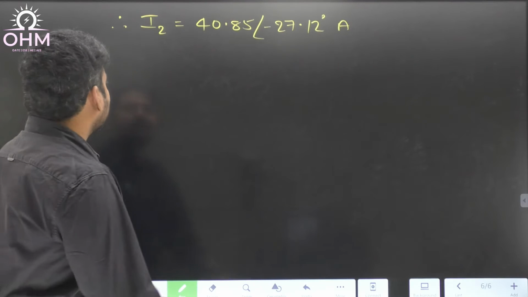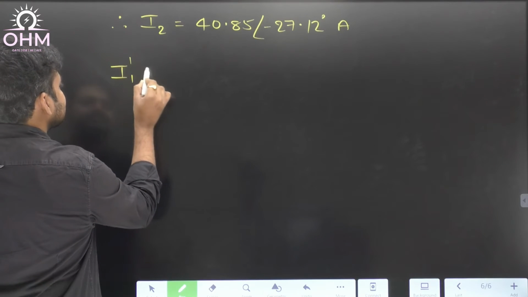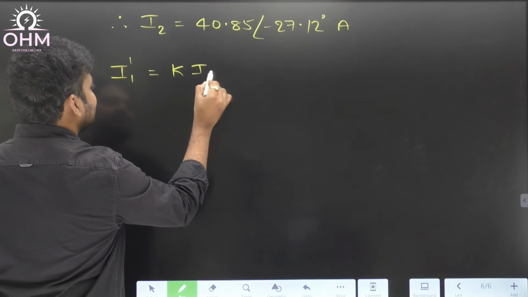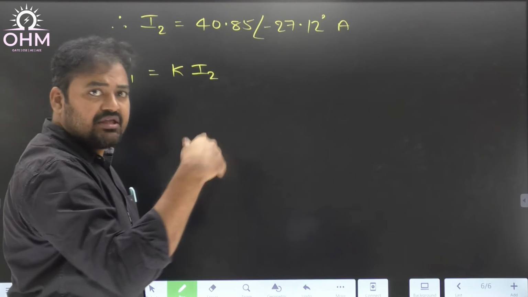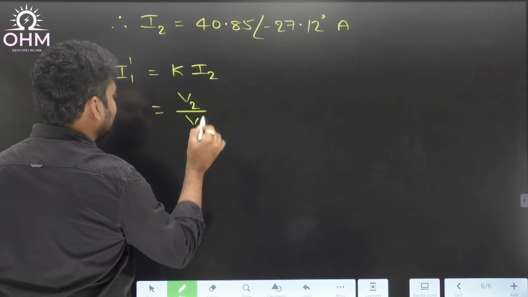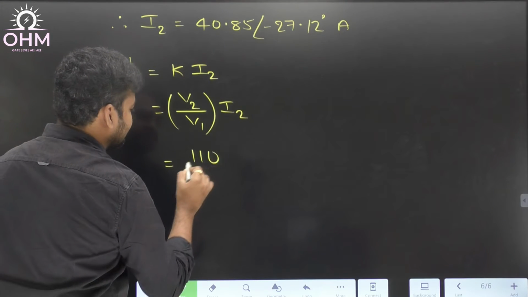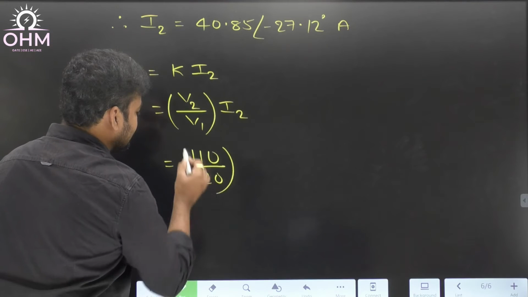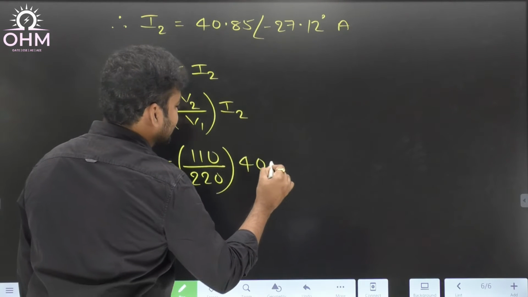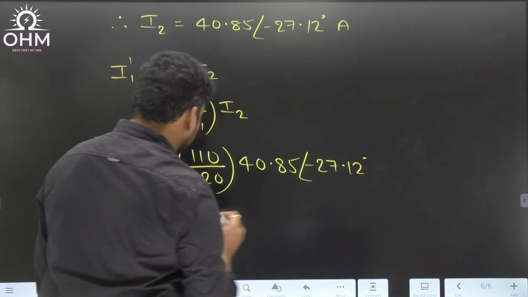Fine. Now transfer this current I2 to the primary side. We know I1 dash is always equal to K times I2, where K is N2 by N1. N2 by N1 or V2 by V1, both are the same. Therefore, V2 is 110, V1 is 220, into I2, 40.85 at an angle minus 27.12 degrees.